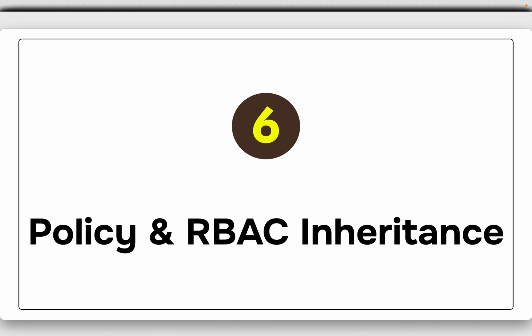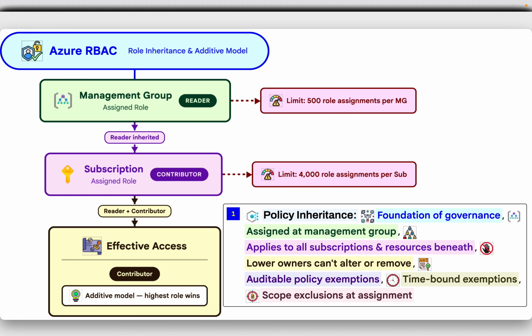Next topic, policy and RBAC inheritance. Policy inheritance is the foundation of governance. A policy assigned at a management group applies to every subscription and resource beneath it, and lower level owners cannot alter or remove it. They can only create auditable, time bound exemptions or use scope exclusions at assignment time.